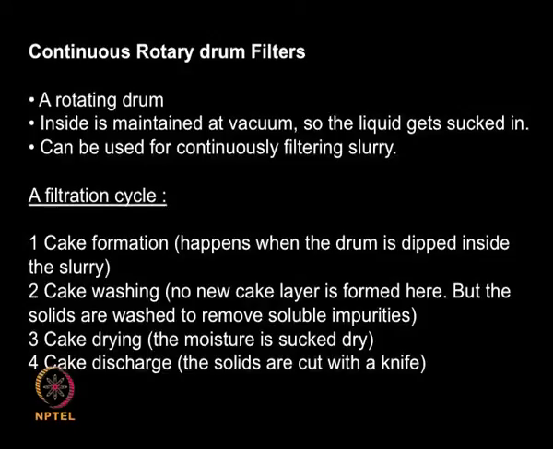but the solids are washed here. This is the cake washing step. I may use water, I may use some solvent which will try to remove some impurities. So if there are some impurities present in the cake, they can be washed, dissolved and removed. Again the liquid gets sucked inside, so the washing liquid is removed.